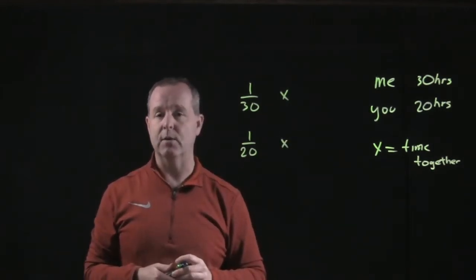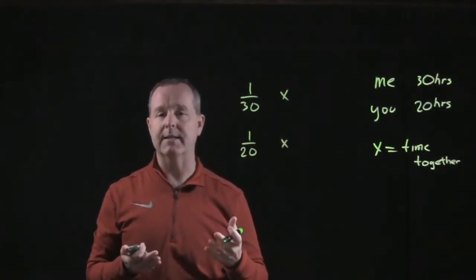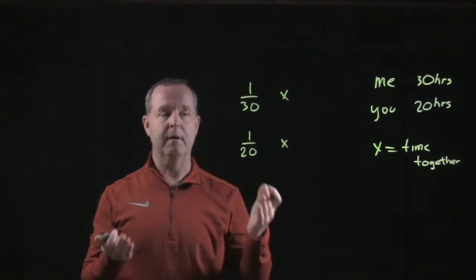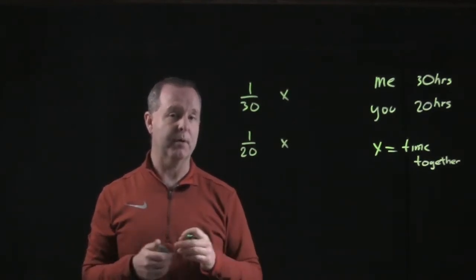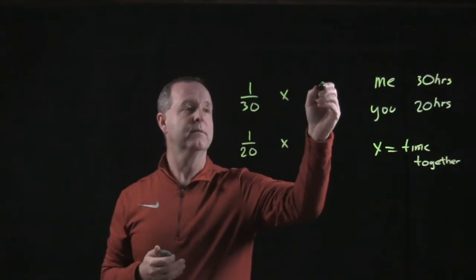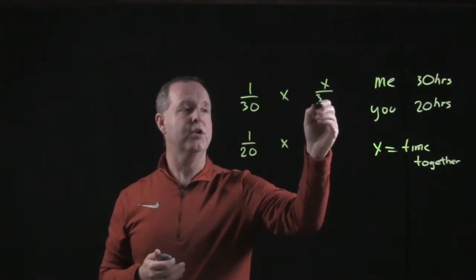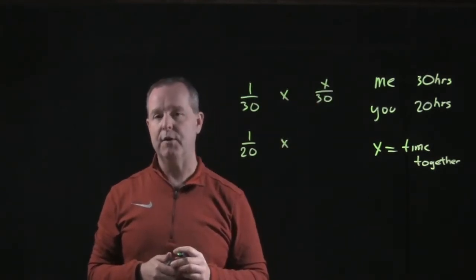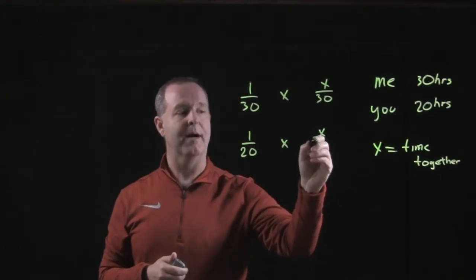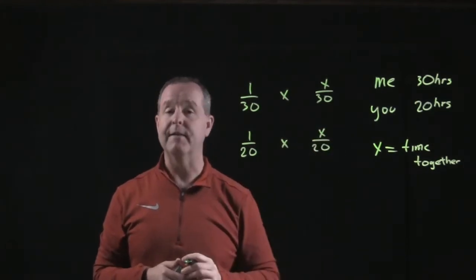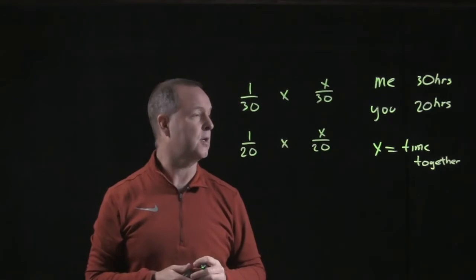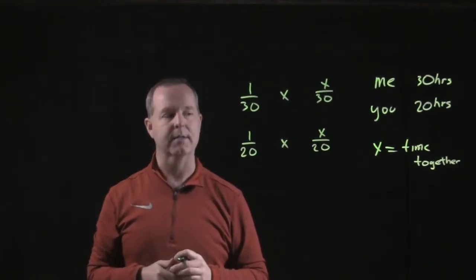So we have the amounts that we have. So this equalizes our time. Then from there, the fractional amount per time that I could do is I get X amount of the job done per every 30. You get X amount of the job done every 20. In this particular case, 30 hours and 20 hours.